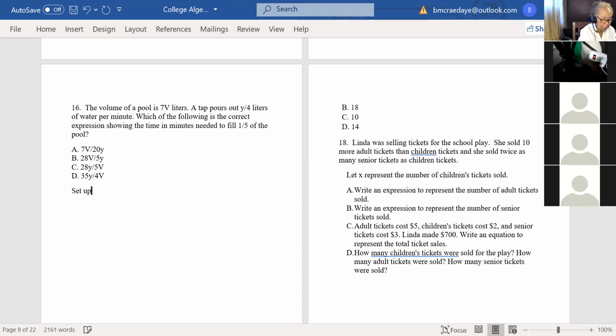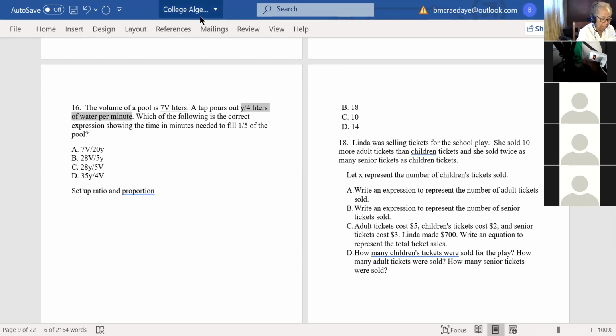Set up your ratio and proportion. Now, there are key things you have to know here. The volume of the pool, that's the 7V liters, okay? The rate it's pouring out is Y over 4 liters of water per minute.